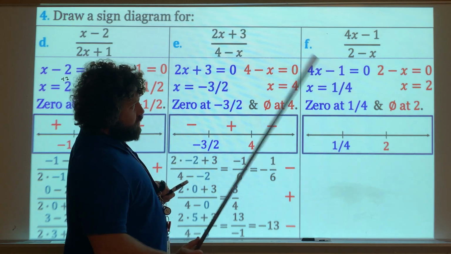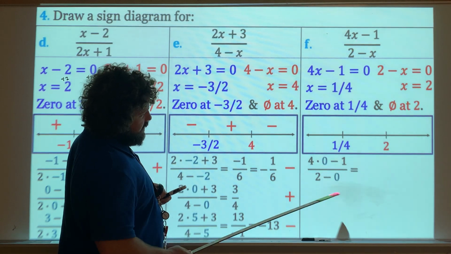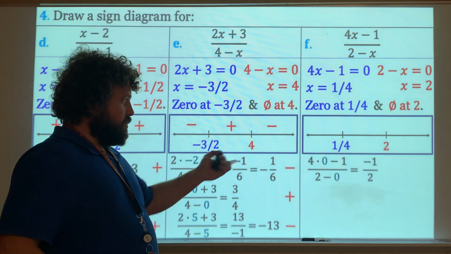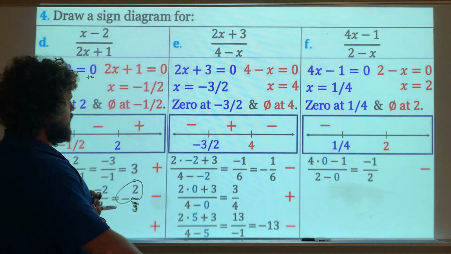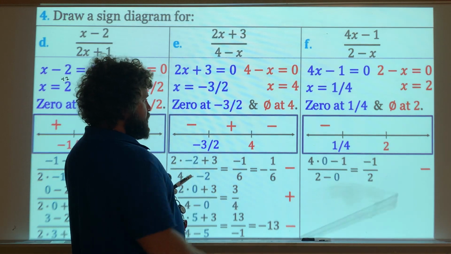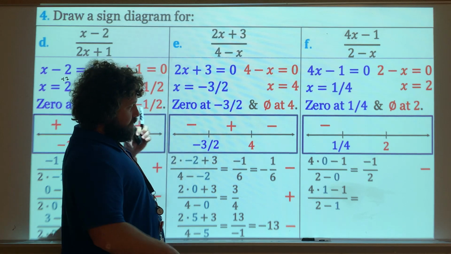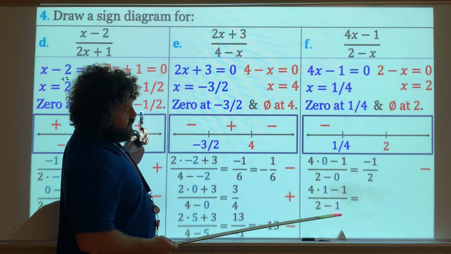A number less than 1/4 is 0. 4 times 0 is 0 minus 1 is negative 1 over 2, which is negative 1/2, which is a negative number. A number between 1/4 and 2 happens to be 1, right? 4 times 1 is 4, minus 1 is 3.